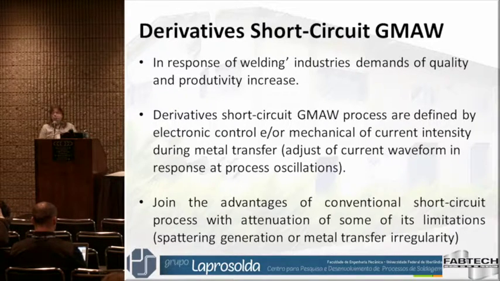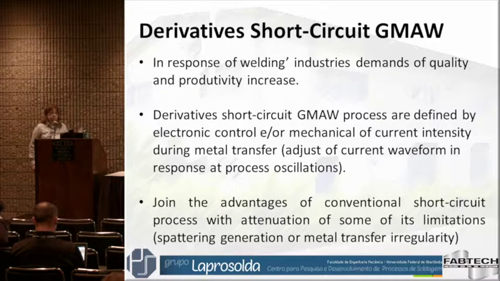Another solution, a commercial one, is the development of new processes like derivative short-circuit MIG welding. They want increased quality and increased productivity.